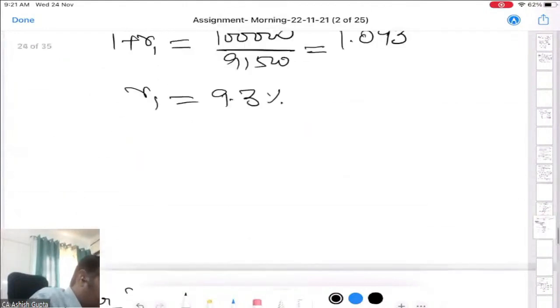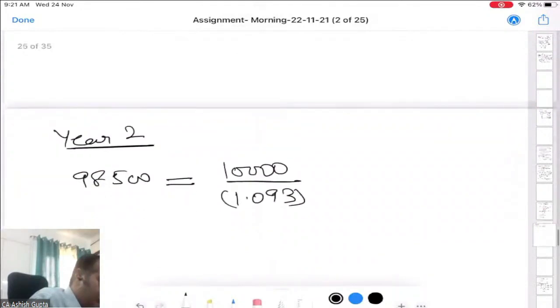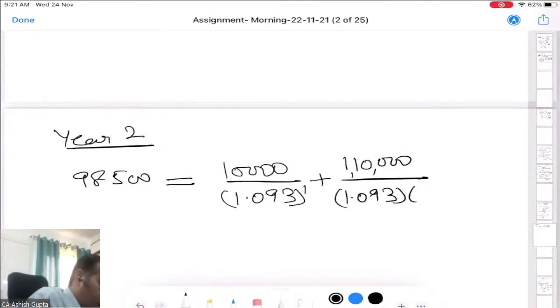Get it discounted by the respective interest rate of that year, and respective rate is 9.3. Okay, 1 plus, maturity amount plus coupon payment. I want to know that rate of interest.